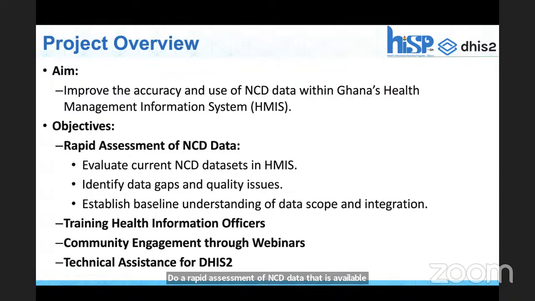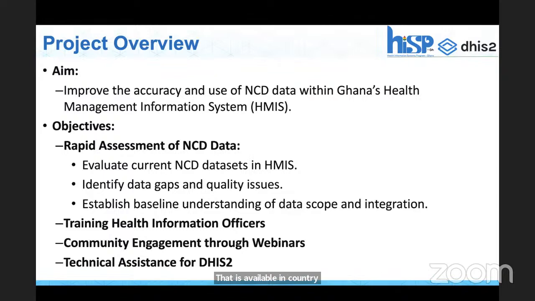So we evaluated all the data sets in the national HMIS, that is DHIMS 2, and also tried to see what baseline understanding of the data scope and integrations we can recommend going forward, in an effort to consolidate all NCD-related data available in country.